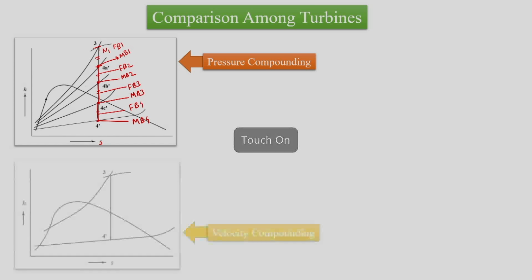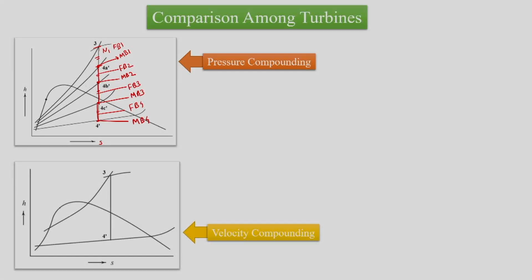Now the same HS diagram will change like this in case of velocity compounding. Here suppose we are working for 2-stage velocity compounding turbine, but as we know, in case of velocity compounding we have only one nozzle and rest of the stationary blades are acting as guide vanes.